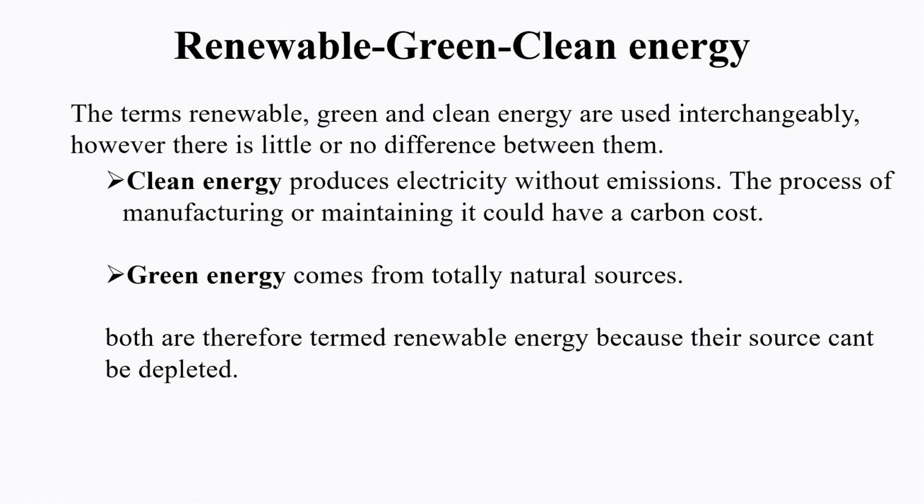When I say the source can't be depleted, I mean you cannot exhaust it. Like the source of sunlight cannot be exhausted. You cannot consume it, and it cannot diminish in quantity.